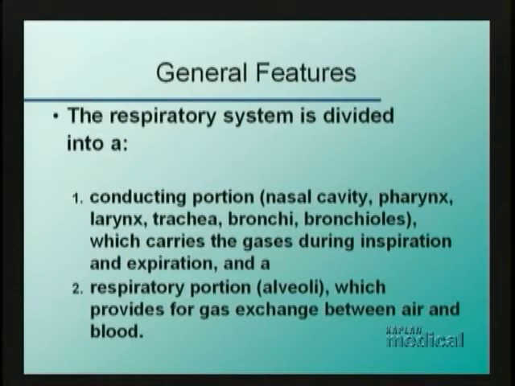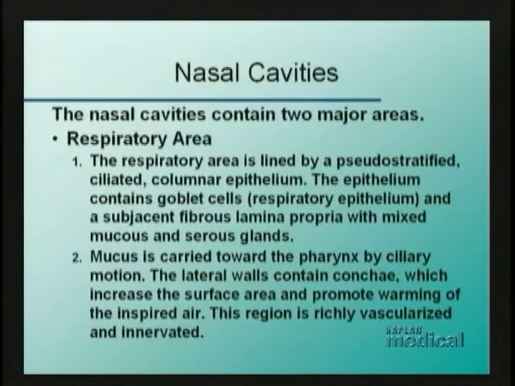The functional end of the respiratory system is in the lungs themselves, dominated by the alveoli, where there is a mechanism, cellular and otherwise, to provide for the gas exchange between air and the underlying bloodstream.